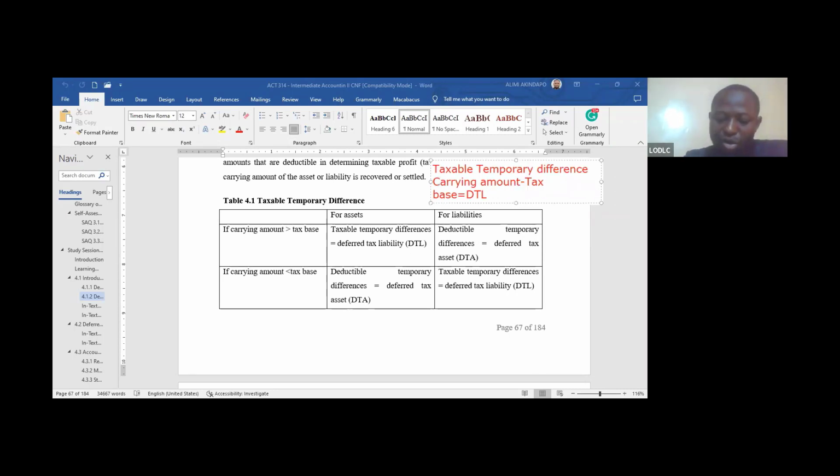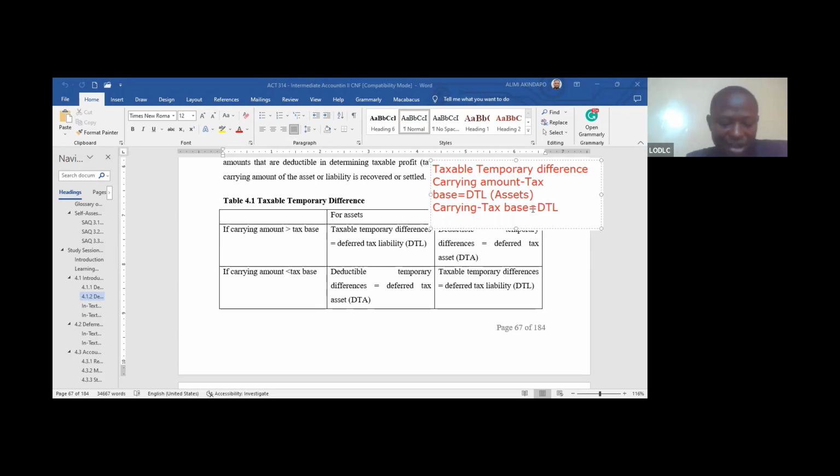For the liability side, same thing, carrying amount minus tax base, we have deferred tax liability.